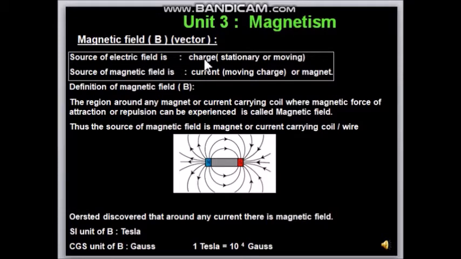That means whenever any charge or system of charges is present, around that there is always a field that we call the electric field. Field means where if any other charge enters, that charge will experience an attraction or repulsion force. So that area around any charge is called the electric field.